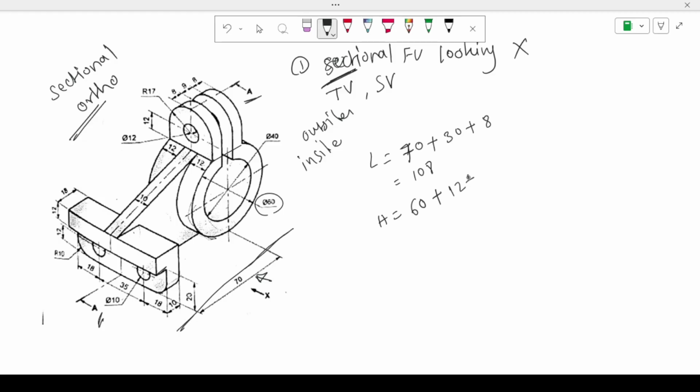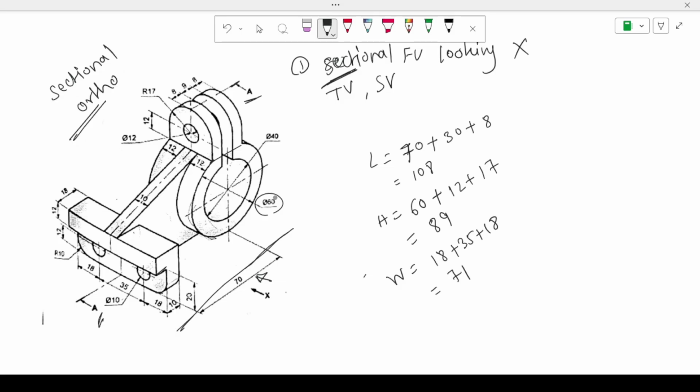So this 12 plus 17, height is equal to 89. Then width is equal to, you can easily see here is 18, 35 and 18. It is 18 plus 35 plus 18, it is equal to 71. So this is our overall length, height and width. With this calculation we can easily draw the views.